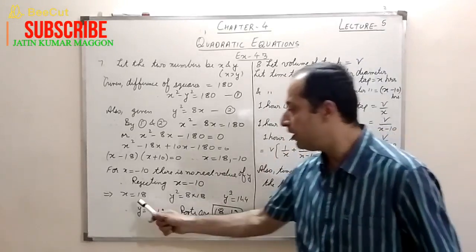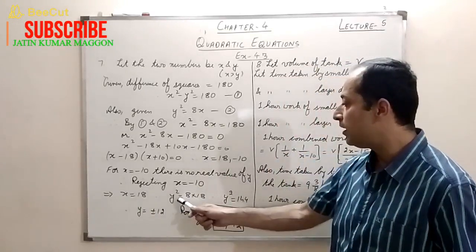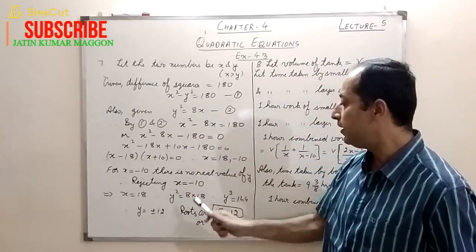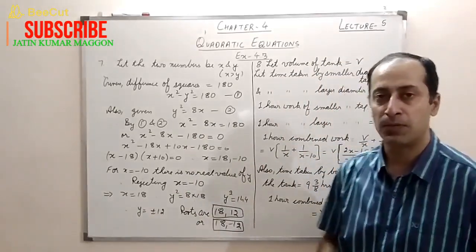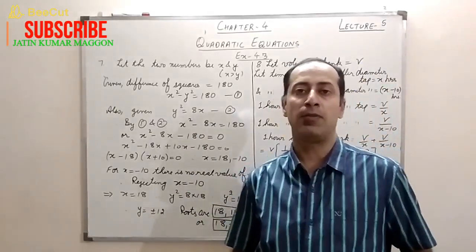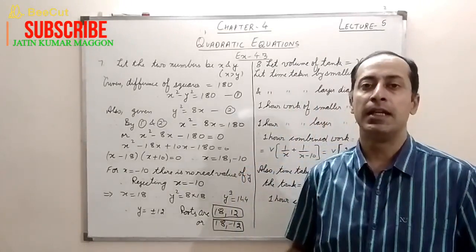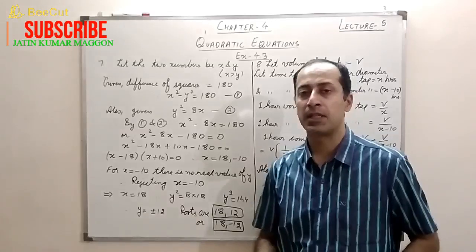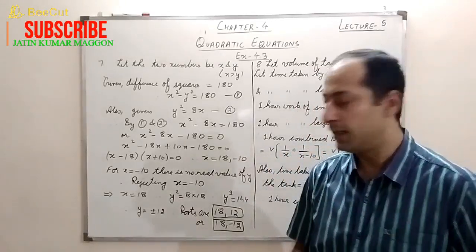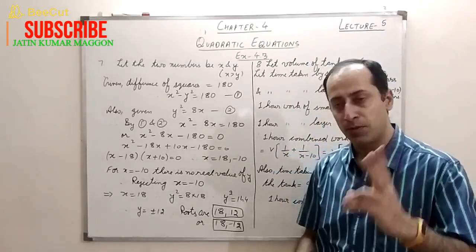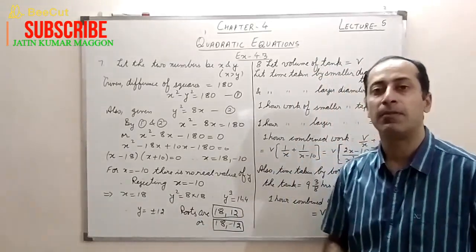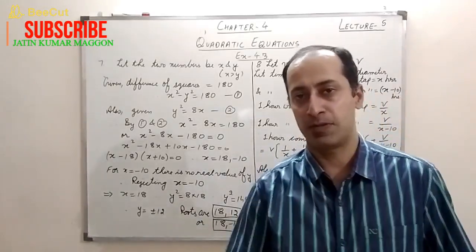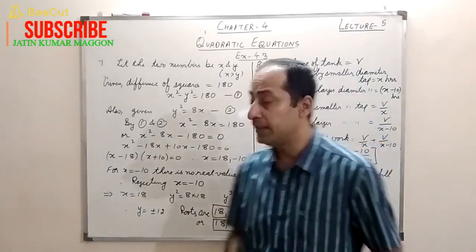When I take x as 18, I get y square equals 8 into 18, that is y square is 144. And we know that the square root of 144 can be positive and also negative, so I get y equals plus minus 12. So I will have two pairs of roots, one is 18 and 12 and the other is 18 and minus 12. So this is the end of this question.